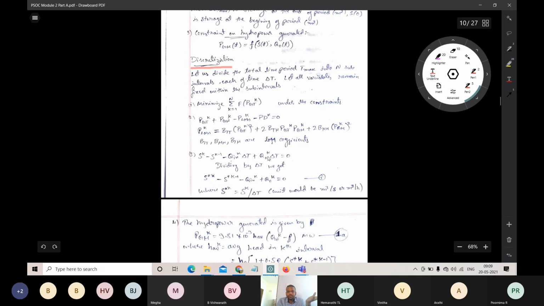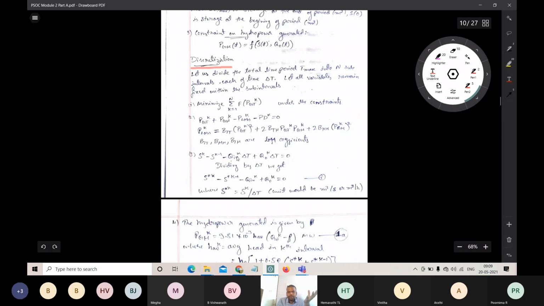Q naught k is the amount of water flowing out in delta T time. By combining all these things, we determine the amount of water discharged: one is stored, another is inflow, and this is the discharge.